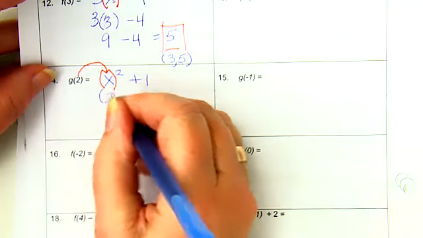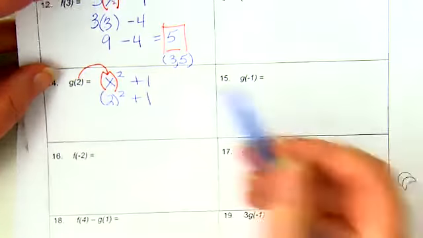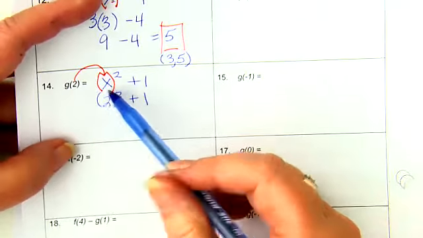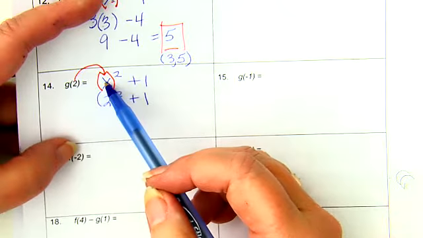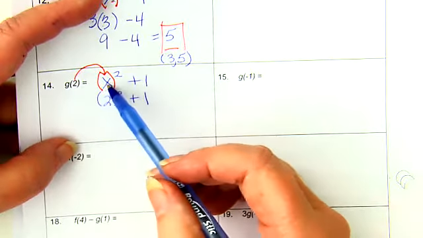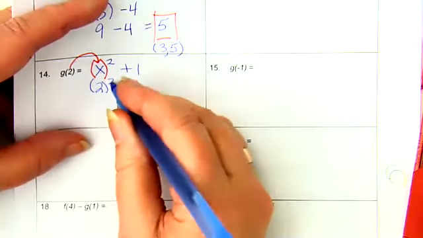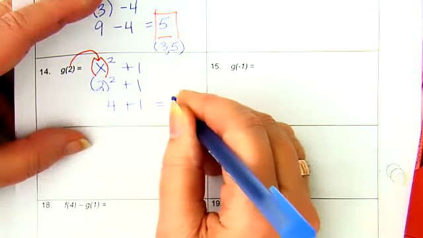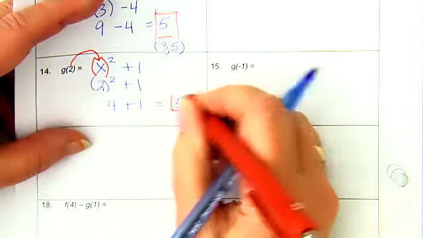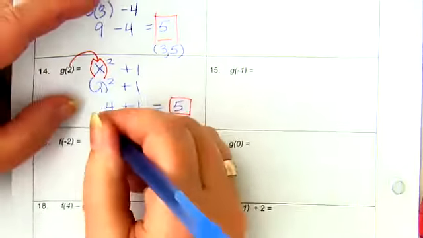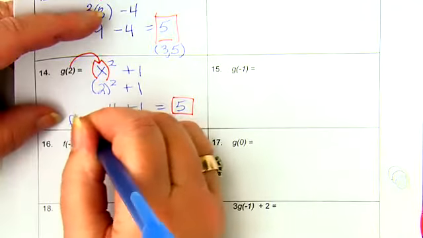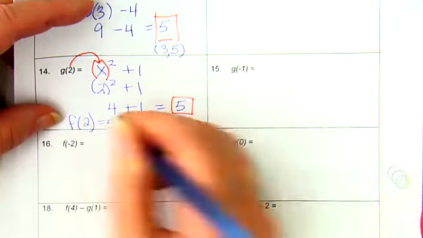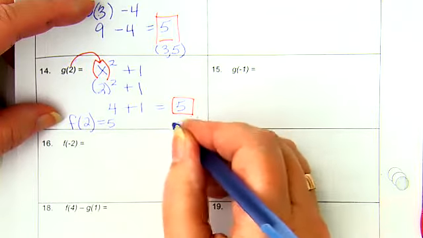So 2 squared plus 1. The X gets replaced. 2 squared plus 1. 2 squared is 4 plus 1. And that answer is also 5. G of 2, what is G of 2? 5. That could also be the point (2, 5).